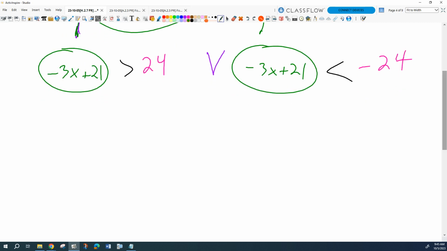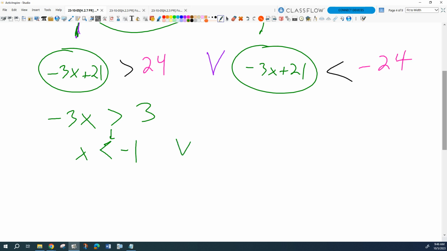So what would my steps be here to isolate x? Subtract 21, so I get -3x is greater than 3. Divide by -3, which means flip the inequality. So I get x is less than 3 over -3, which is -1. Or same steps over here.